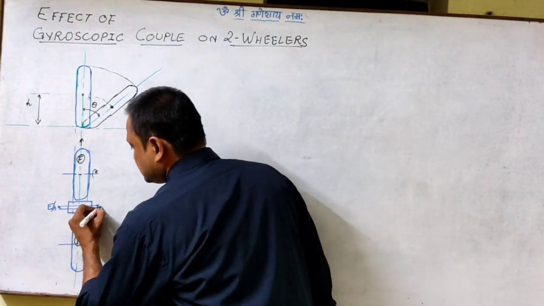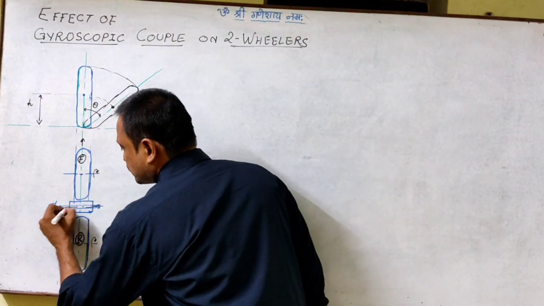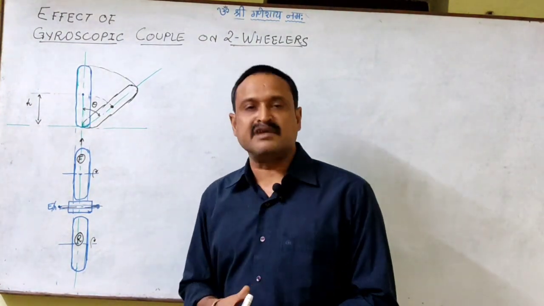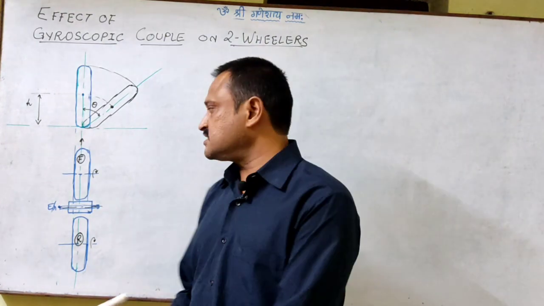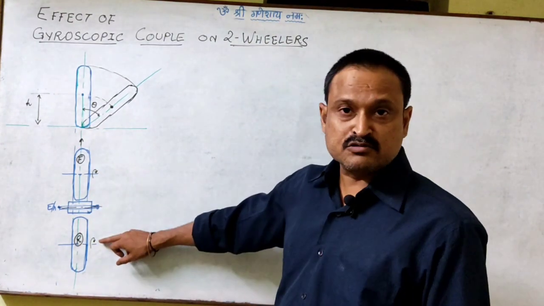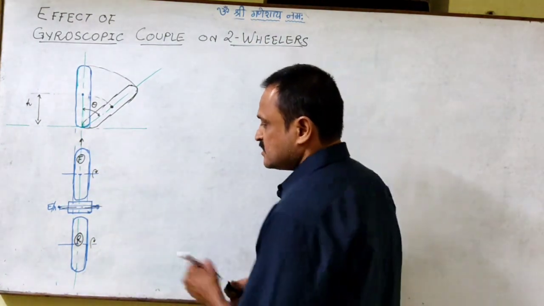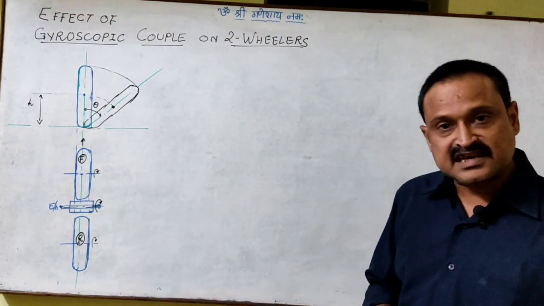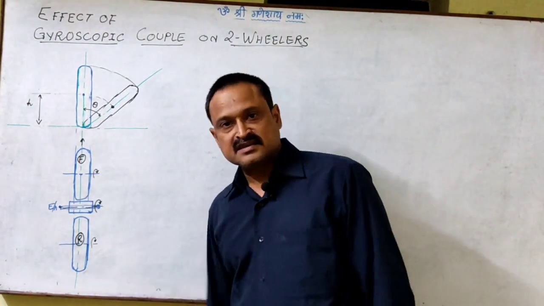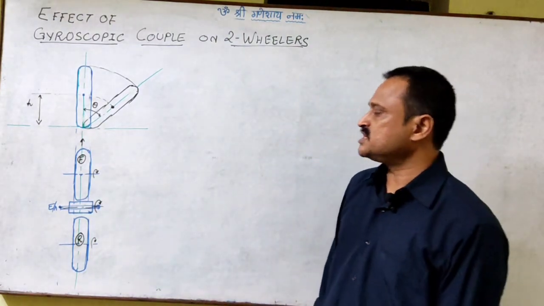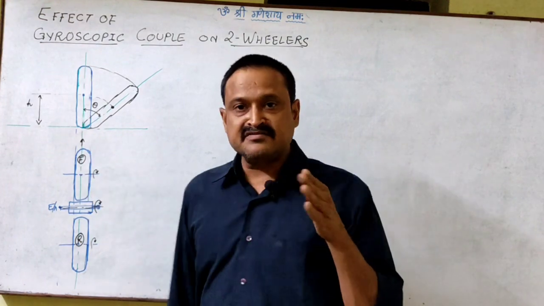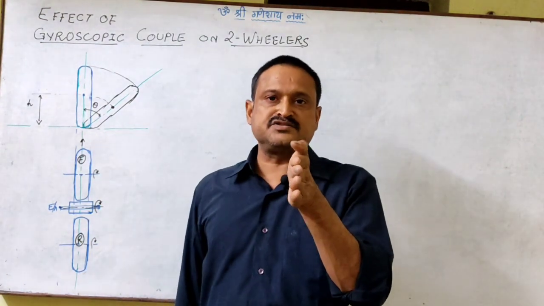The engine and the rotating parts, whatever transmission taken together, equivalent, is considered to be parallel to these two spin axes. So the engine axis as well as the wheel axes are parallel to each other, right? This is the upright condition when the vehicle is moving in a straight path.